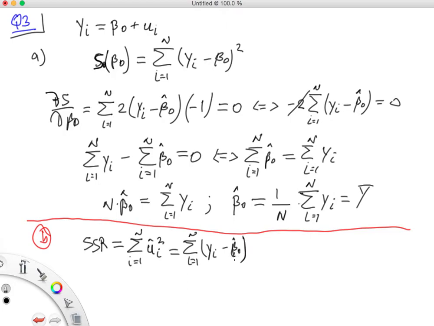So basically, when you run a regression, your sample equation looks like this usually when you run it without x's in this case.